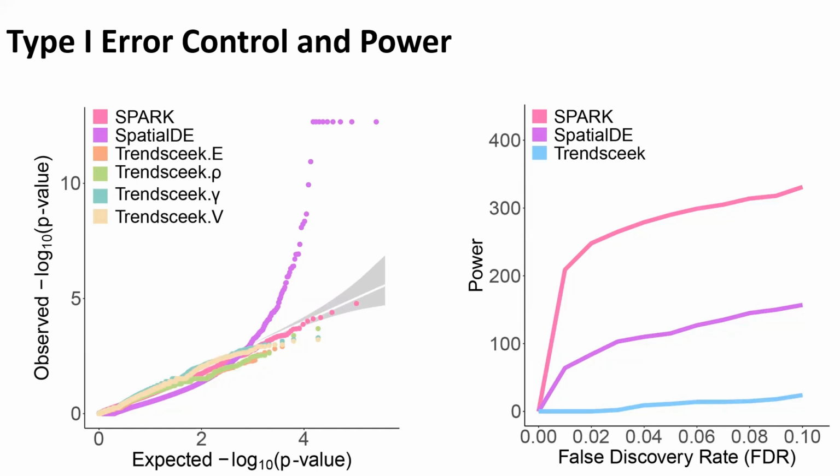Because of this huge inflation of SpatialDE, it's harder to compare the power. So we compare power at the same false discovery rate, which is estimated by the empirical distribution of the null. You can see that our method is indeed much more powerful than the other two methods. It's 2 to 3 times more powerful than SpatialDE and about 10 times more powerful than Trendsceek.